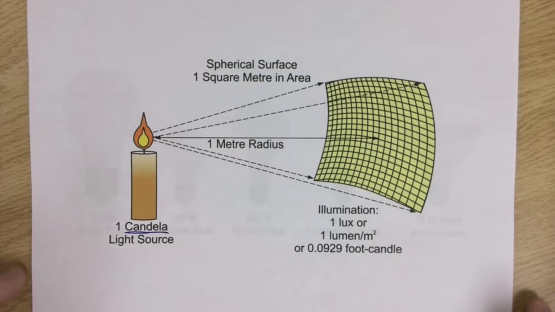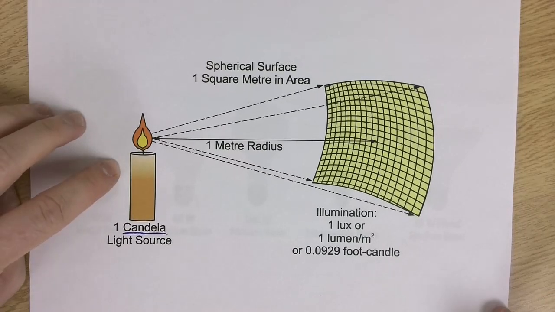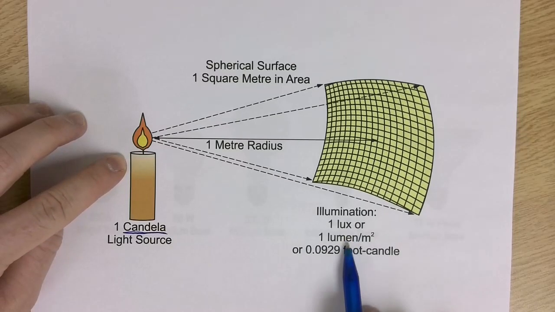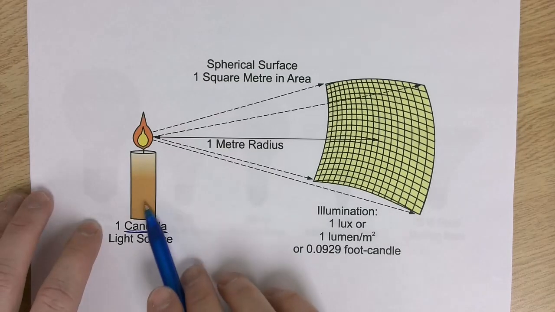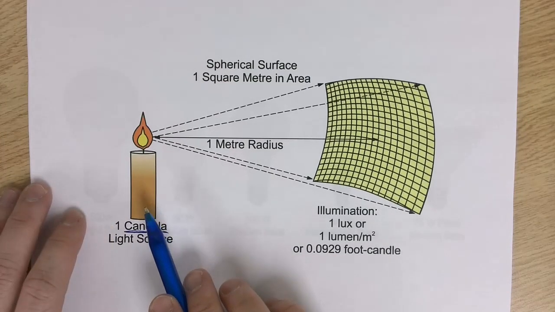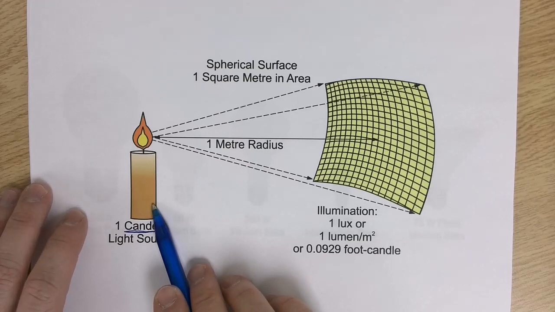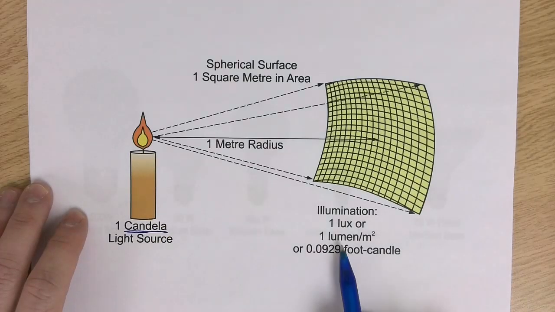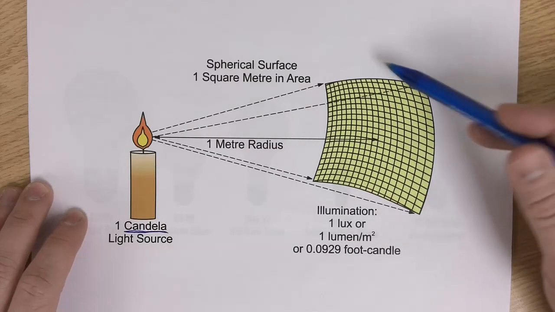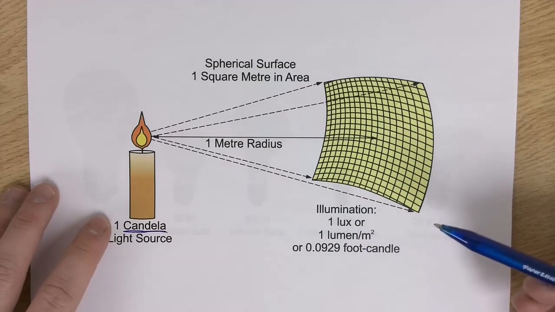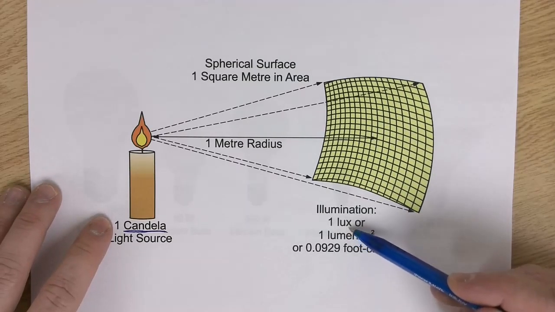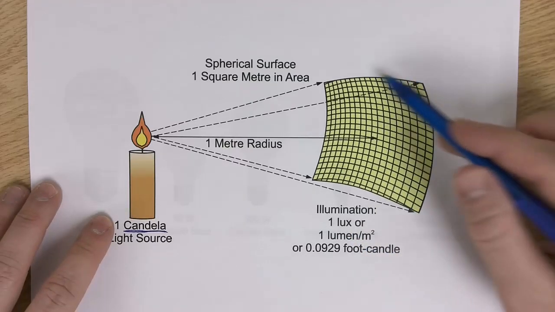Candela is kind of our base, or the root of these other 2 terms, because one candle burning for 1 second gives us a lumen. And when they talk about illumination, they're going to talk about lux, because lux is a lumen per meter squared.